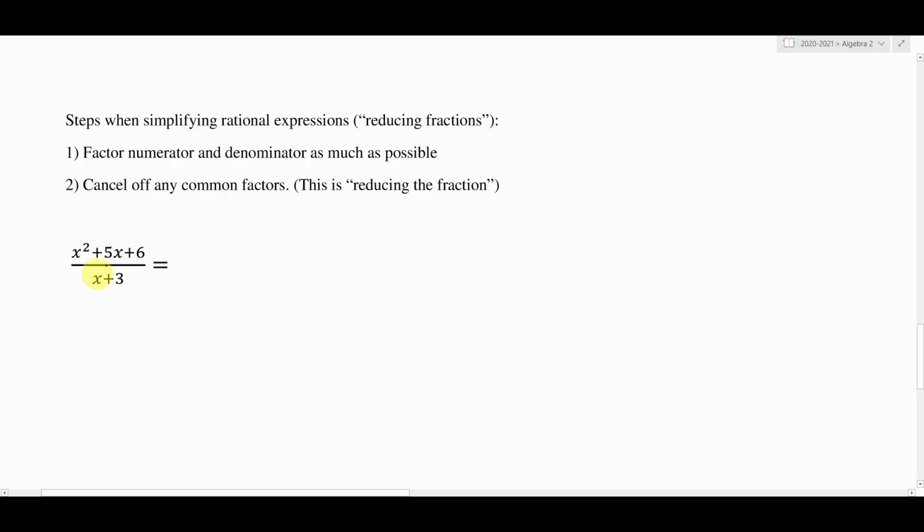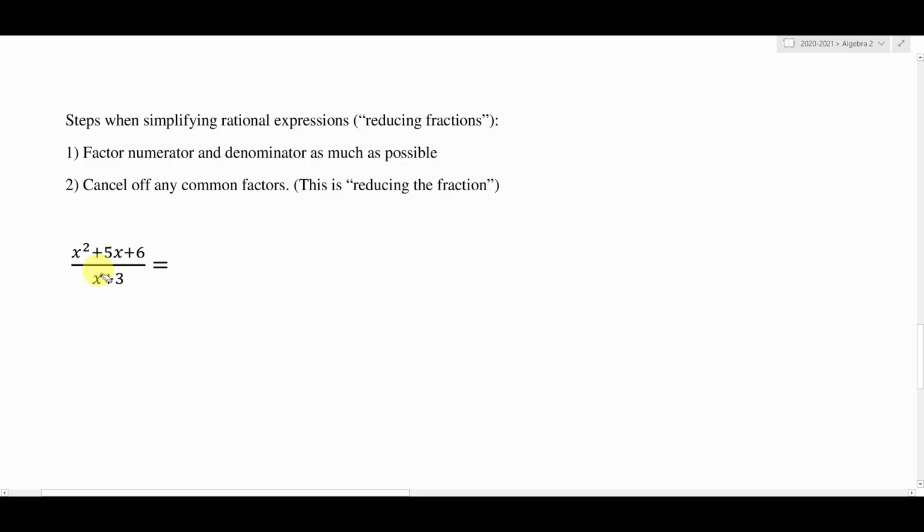Now, right now, we cannot cancel anything out with the way that this is written. So a lot of students might try and do this, right? They might try and cancel out the x's, like, hey, there's an x up here and there's an x down here. But the problem is this addition stuff. We have things that are being added. We don't have things that are being multiplied. Factors are things that are being multiplied.